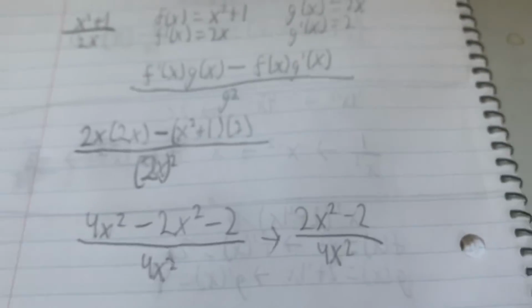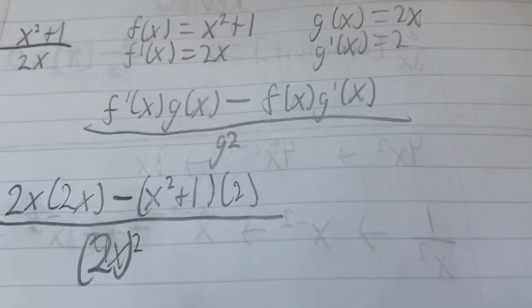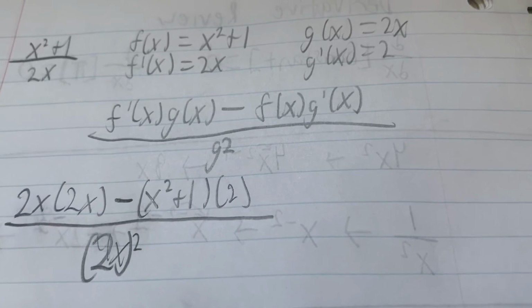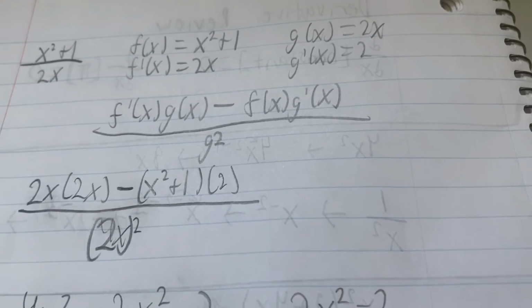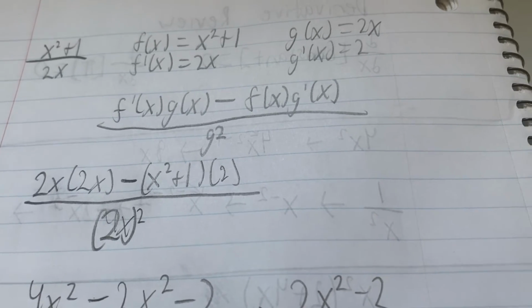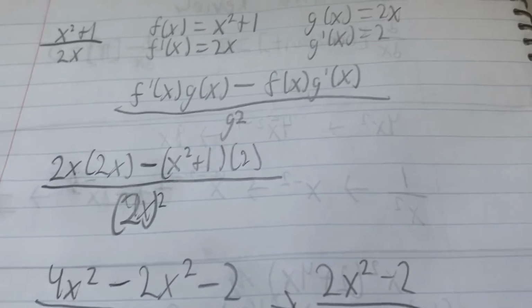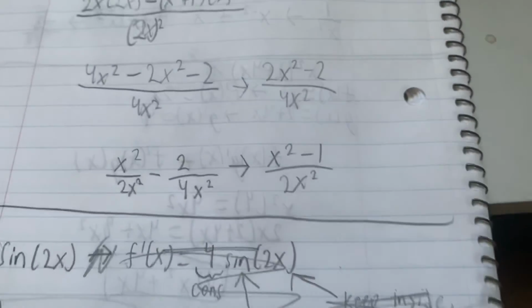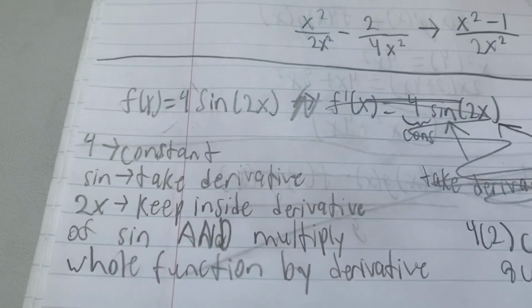Pretty simple stuff. Again, just make sure you know this equation, or at least remember in your head the numerator-denominator thing. Derivative of the top times the bottom minus the top times the derivative of the bottom all over the bottom squared. All right. Last but not least, we have the chain rule.